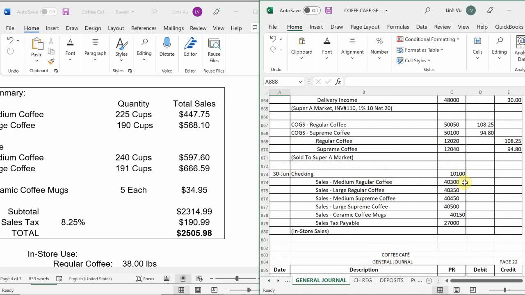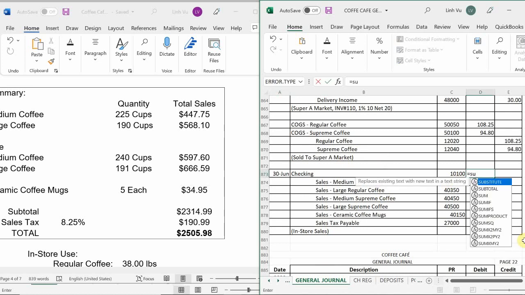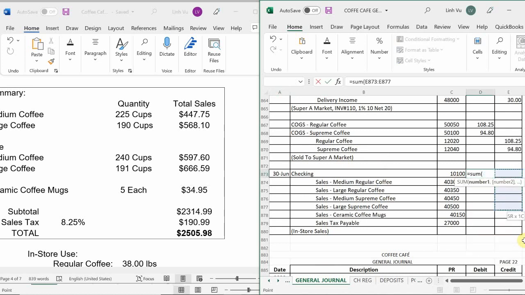So starting from here, checking and sales here, so equal sum. So how much regular coffee did we sell? $447.75. Okay.